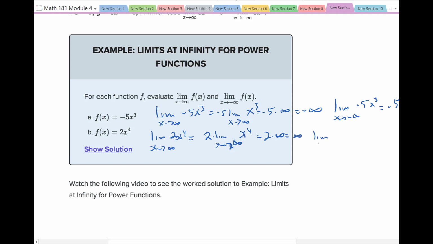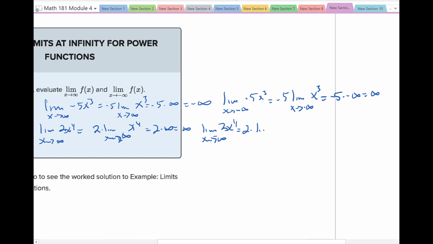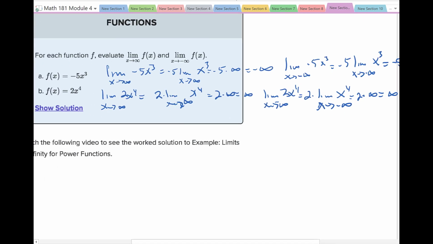And the limit as x approaches negative infinity of 2x to the fourth is going to be 2 times the limit as x approaches negative infinity of x to the fourth. Being a fourth power, it's going to square any negatives. So you end up with 2 times infinity, which is infinity. So for that one, the end behavior is the same. It's going to go up on both ends.